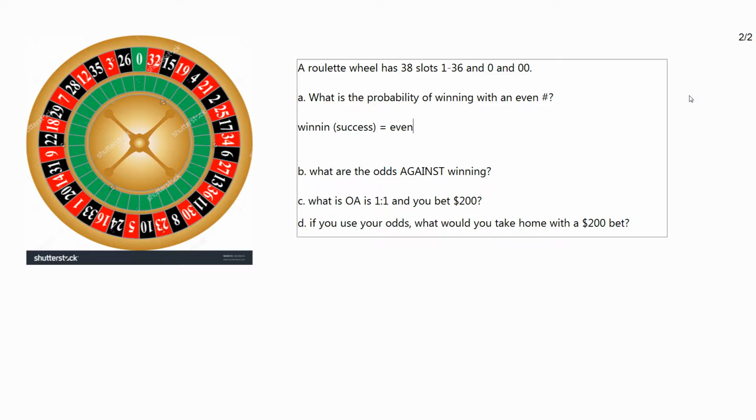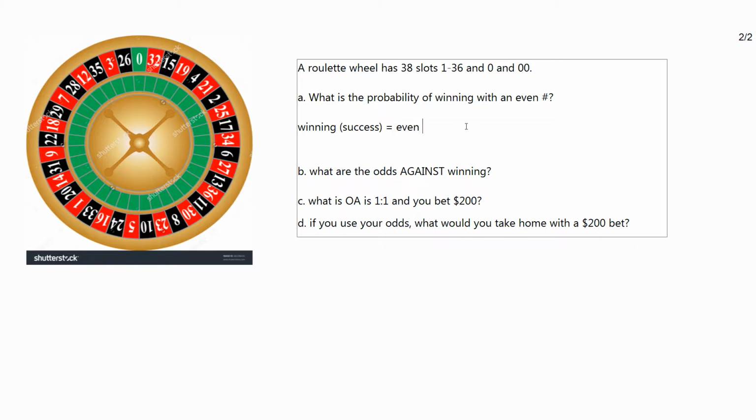Because it's asking, what is the probability of winning with an even number? At that point, when you're reading a question and they have the word winning, that means that's success. Now, success plays into odds against. When you see winning, that means success. All right, winning.